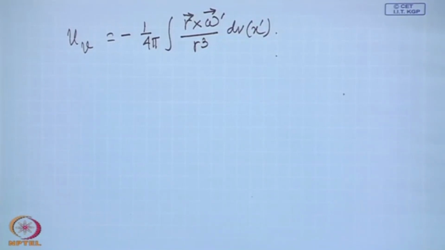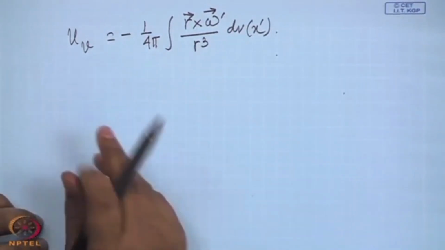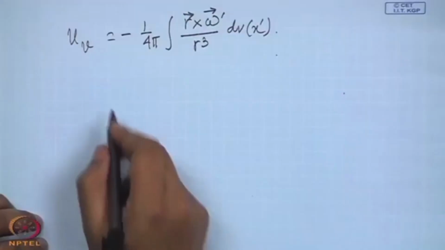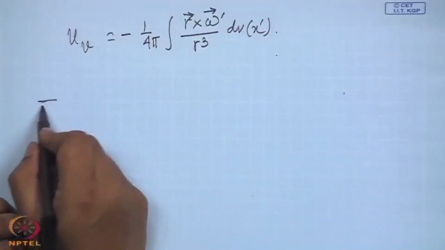Once again we can consider an infinitesimal element and write the velocity field associated with the infinitesimal vorticity distribution.